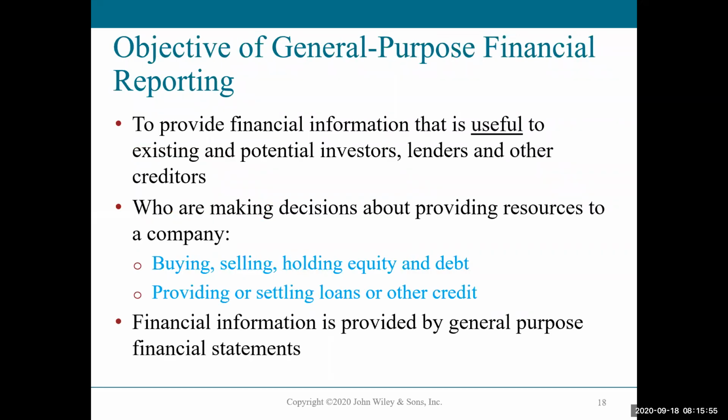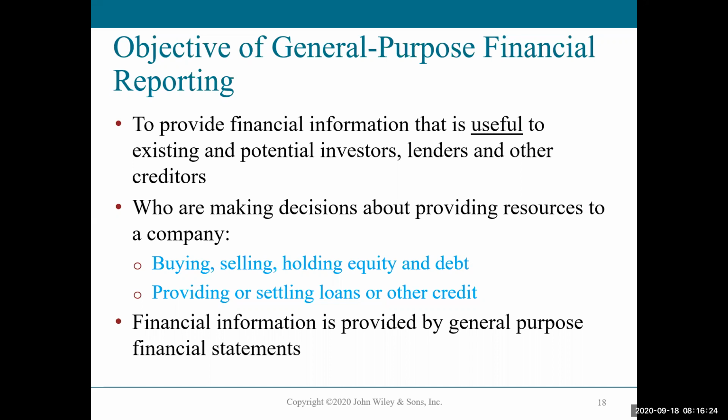The objective of your general purpose financial statements is to provide information that is useful to decision makers. These decision makers could be your existing shareholders, potential investors, lenders, regulatory bodies. They can be very many different types of users of your financial statements. So our job or objective is to provide useful information to these decision makers that they can utilize.